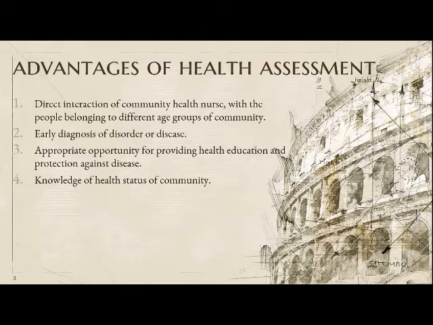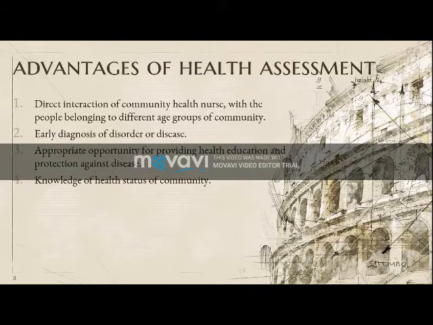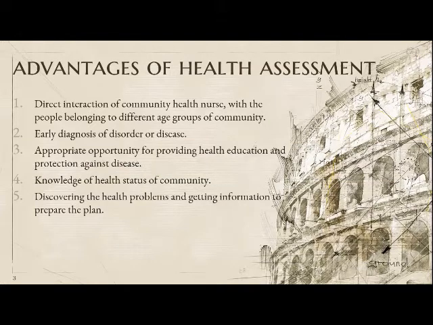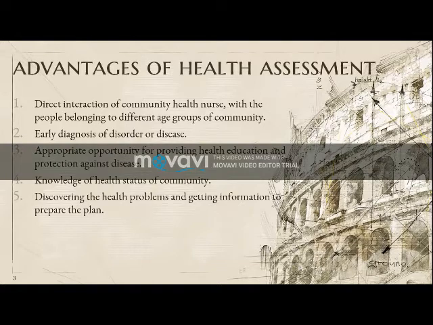And next we'll see discovering health problems and getting information to prepare the plan. It means we identify the problem and plan what to do for that particular disease or problem, to eradicate it or to be saved from that disease.